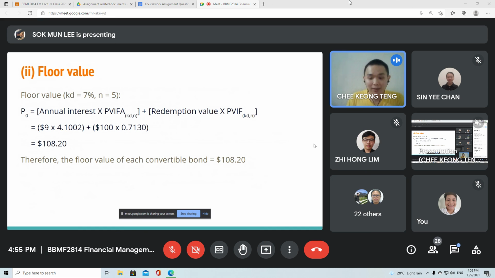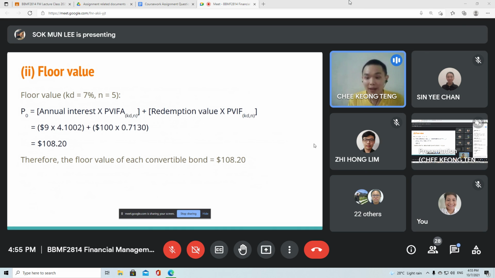Even if the share price is very low, you can still let the company redeem the bond at 100. Usually when you convert, it means that it's more than 100. Even if the share price is lower than that, you can say, I don't want to convert, I take back my 100. So at least you will get back 100 ringgit.